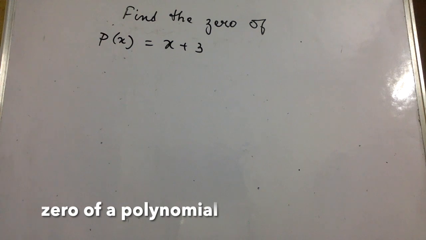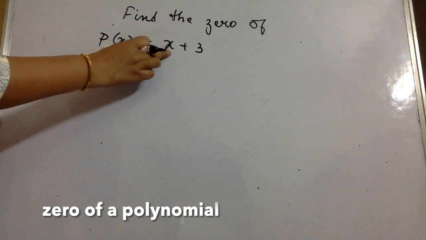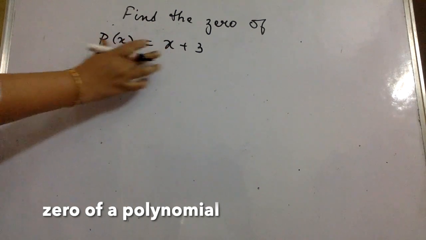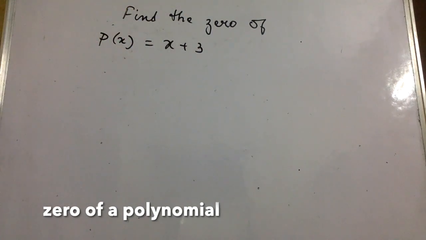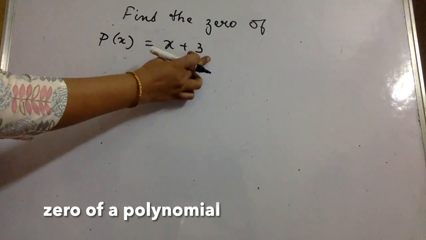Rather than the method, let us first understand what exactly they want by 0 of a polynomial. The 0 of a polynomial is that number which, if substituted in place of x, makes the value of this expression or this polynomial a 0. We are looking for that value of x that can make this expression a 0.